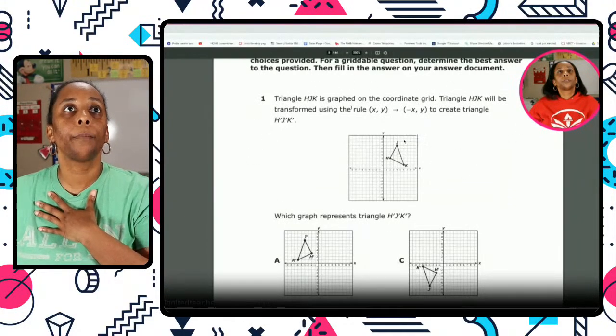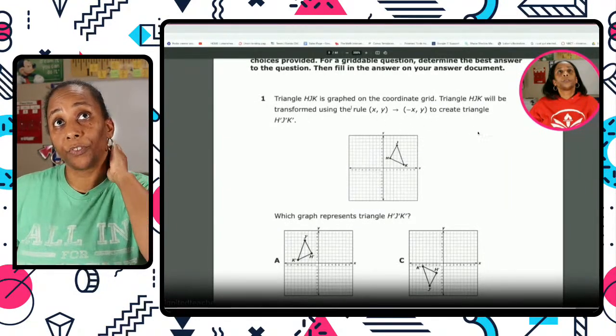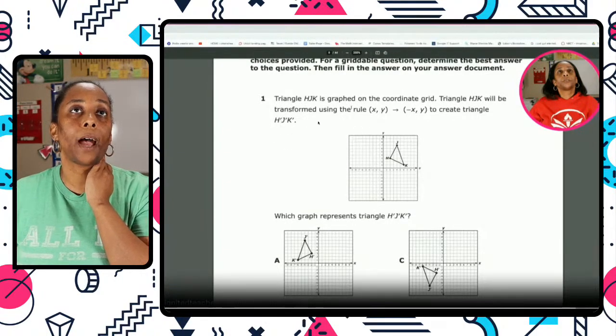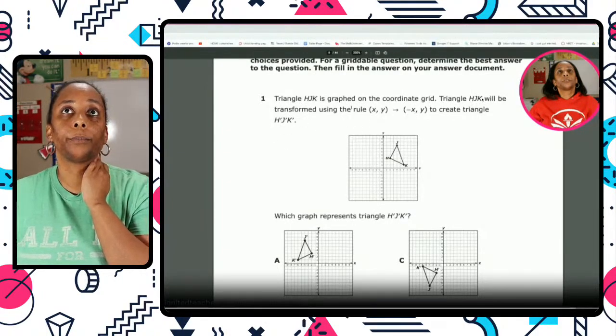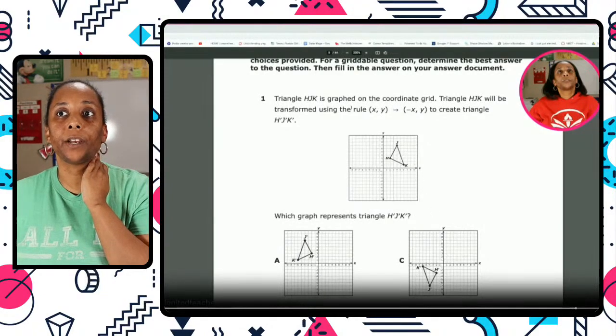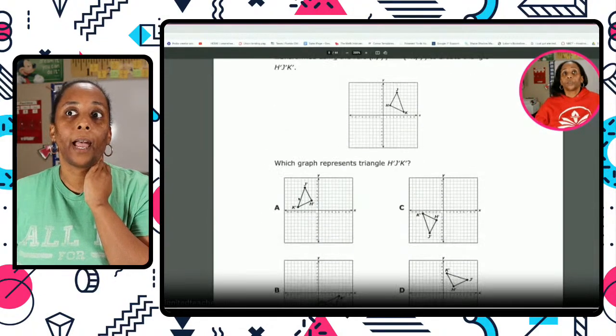So, in here, basically, they had to interpret this rule as a reflection and create the reflection that created the prime of the triangle HJK. That's basically what happened.